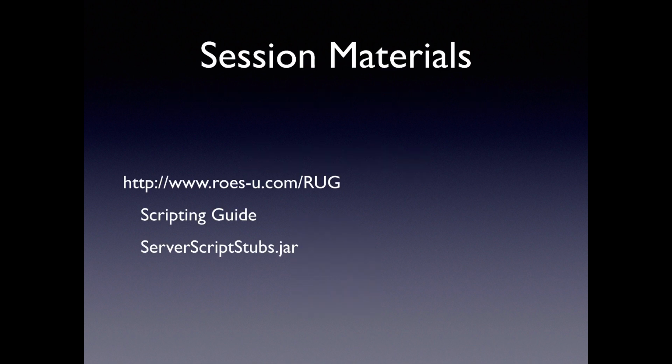Just to begin with, there's a couple of things that will be useful to follow along with in this presentation. One is the scripting guide, which goes through essentially the same material and more. It has all the documentation on the calls and the parameters, the data that's available, etc. And then there is also a server script stubs jar, essentially a library that has all of the classes that are defined and available to scripts, just in a stubbed form.